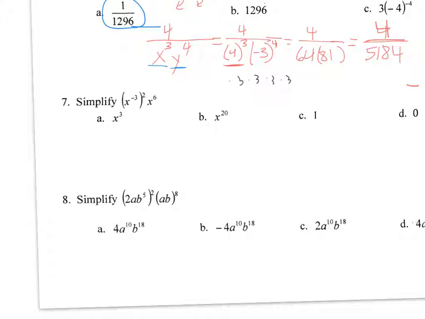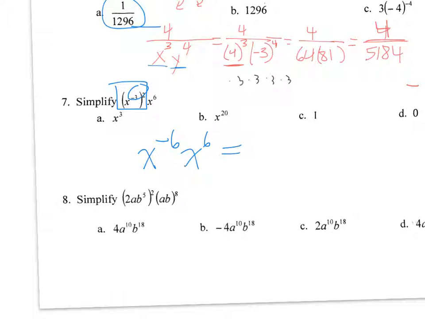Simplify. Cool. Can do that. I work around my parentheses first. Recall my exponent rule here. When I have a power to another power, I multiply the exponents. So that part is just x to the negative 6. And then I have x to the 6th.